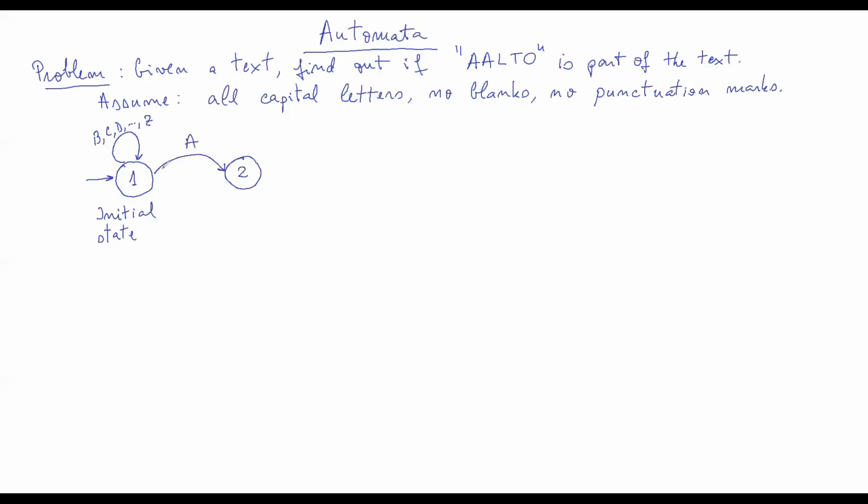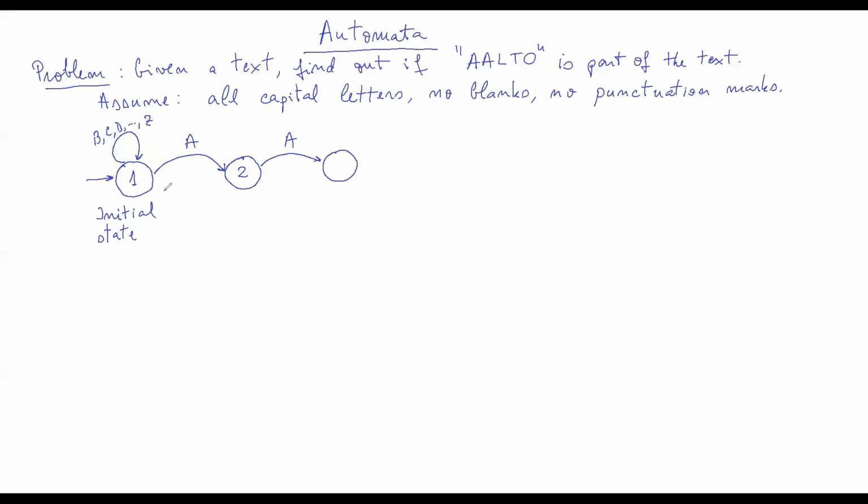Now you do this step by step, and let's say that at some point you are already in this state, meaning that the previous letter you've read was an A. And now all of a sudden you see that this is again an A. And you get even more excited because, being in this state, you knew that the previous letter was an A, and now you got another A, so you got two consecutive A's.